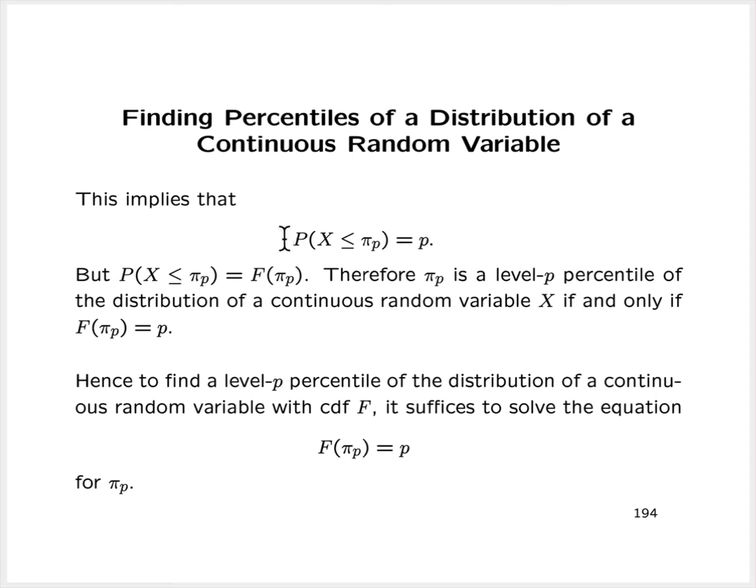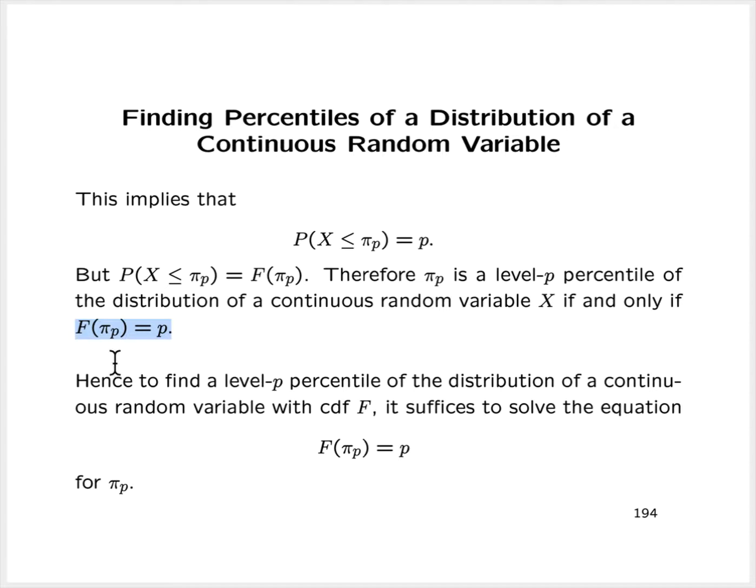Now, this probability, you'll recognize as being of the form given by the CDF of the distribution. So therefore, π_p is a level p percentile of the distribution of a continuous random variable x if and only if this equation is true: the CDF evaluated at that level p percentile, π_p, is equal to p.